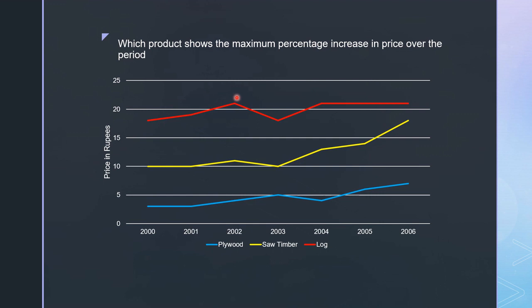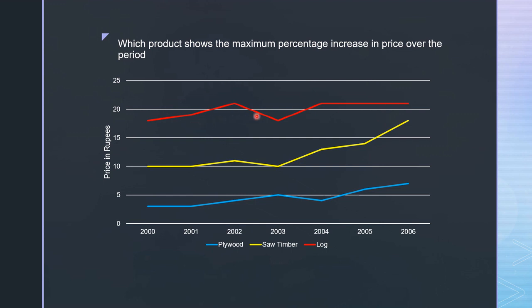Now we consider this red graph: in 2000 the value is 18, in 2001 the value is 19, in 2002 the value is 21, greater than 20 but less than 22, so it is 21. In 2003 the value is 18, 2004 the value is 21, 2005 21 and 2006 21.